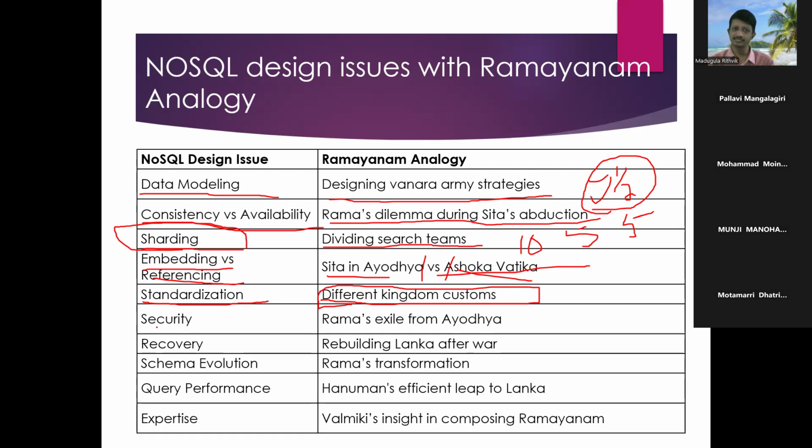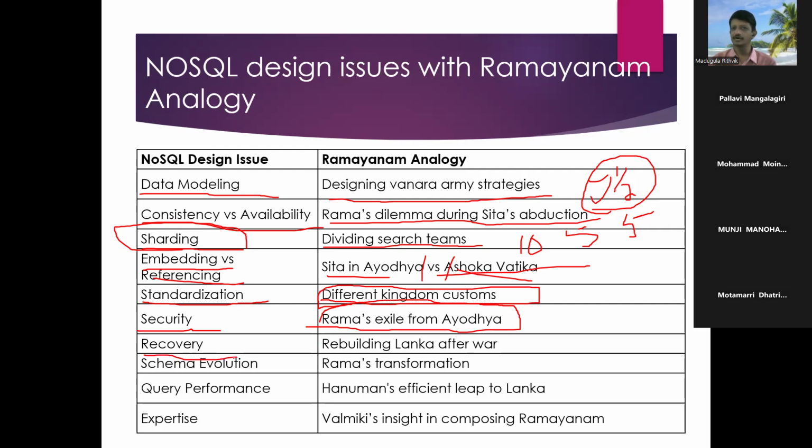That is also one of the major things. Coming to security, when Rama is in Ayodhya, the security is high. When Rama was exiled from Ayodhya, there were some lagging issues in security aspects. So security is one of the key challenging tasks.